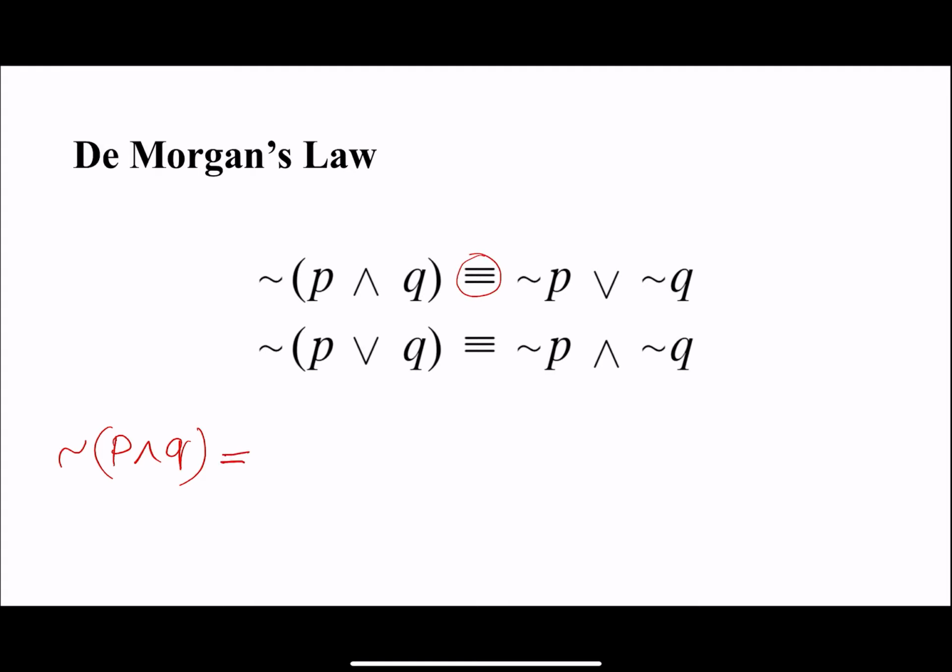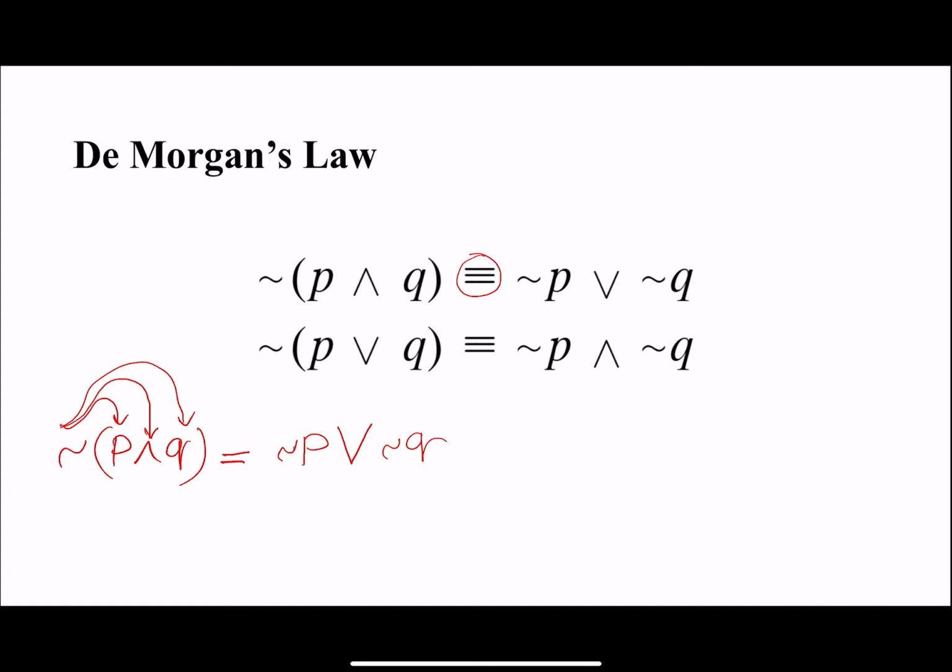So negation acts on P and changes that to not P. Negation acts on and, changes that to or. So that's De Morgan's law. The negation of and is or, the negation of or is and. Negation acts on Q, and then you have not Q. So the negation of P and Q is not P or not Q.